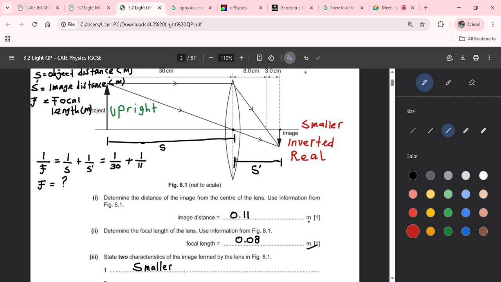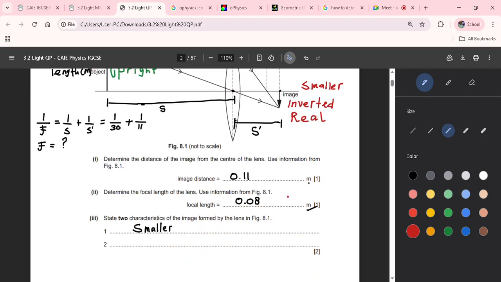But if real, we can see the image on the screen. So yeah, smaller, and then inverted, and number 3 is real.